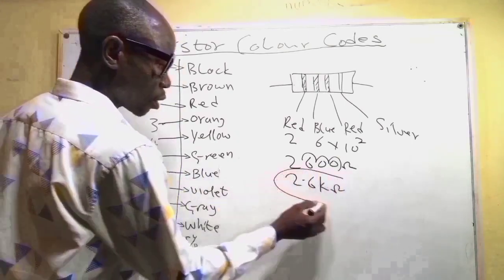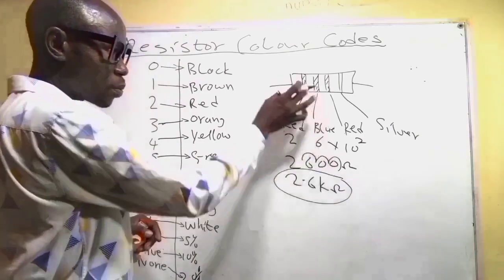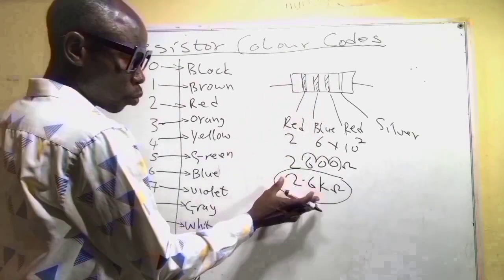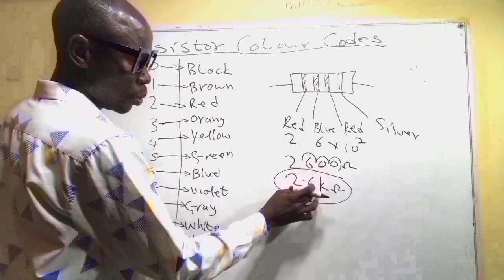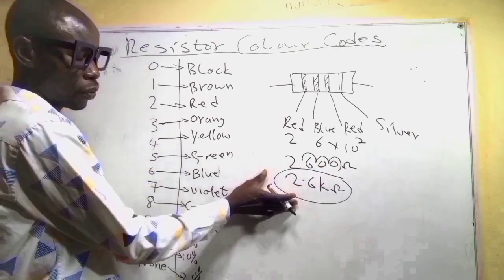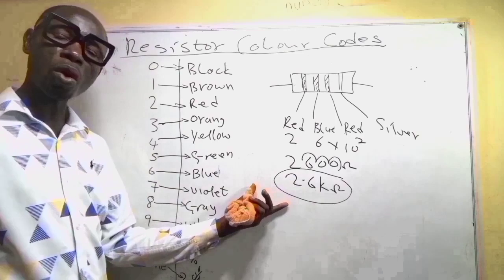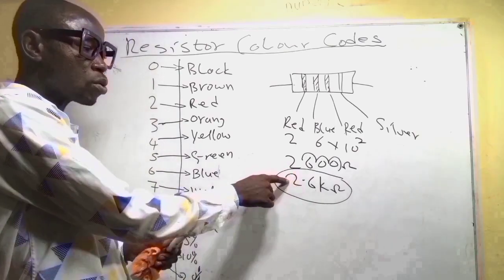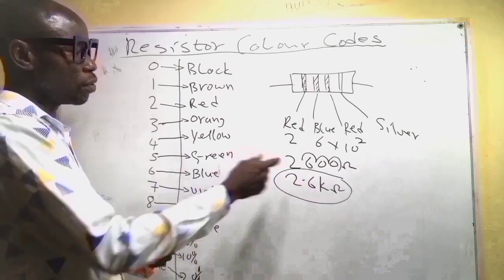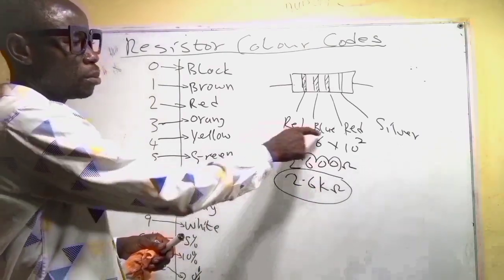So when you see 2.6 kilo ohms, you know that it is red, blue, red. That will give you this resistance. So you go to any electronic shop and you tell them, I want 2.6 kilo ohms. They will give you a resistor colored red, blue, and red.